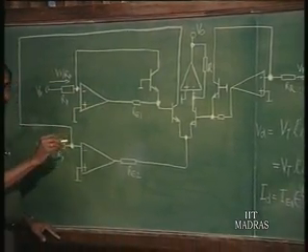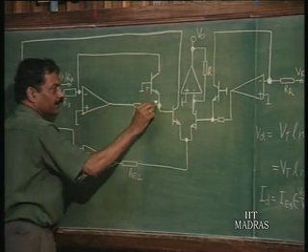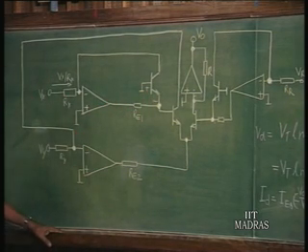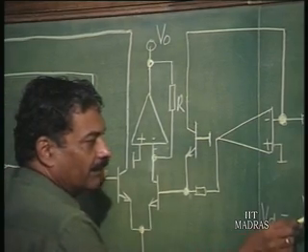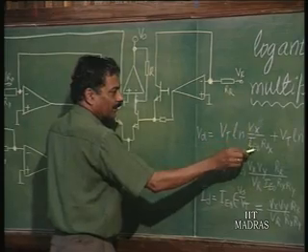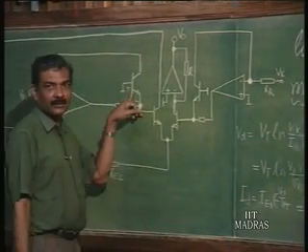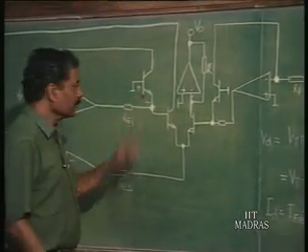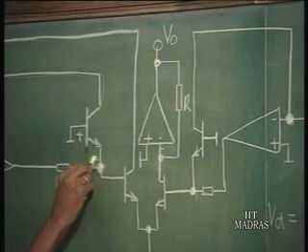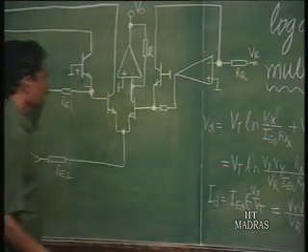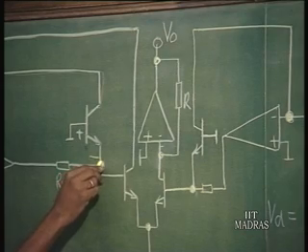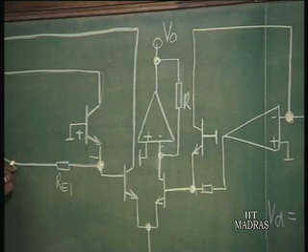If that current flows, then the voltage here is going to be V b e corresponding to that current, which is nothing but minus V t log V x by I e naught R x. So, this voltage here is nothing but minus V t log V x by I e naught R x. So, we get this voltage straight away, but for negative feedback, I can keep this connected to this output.